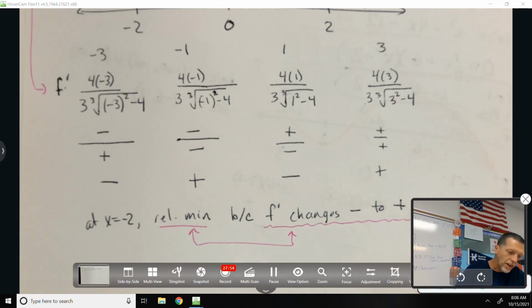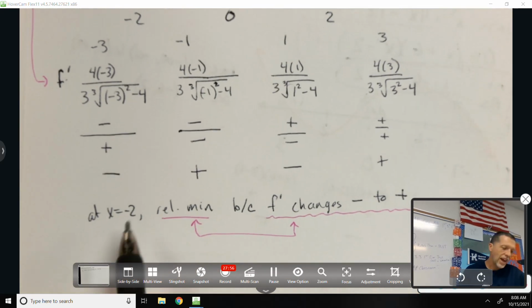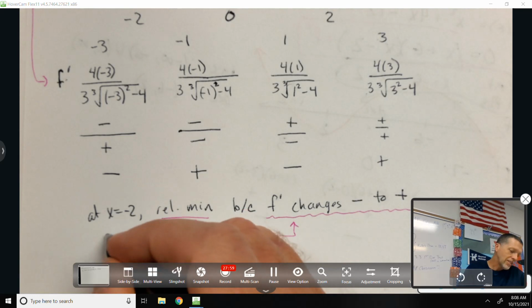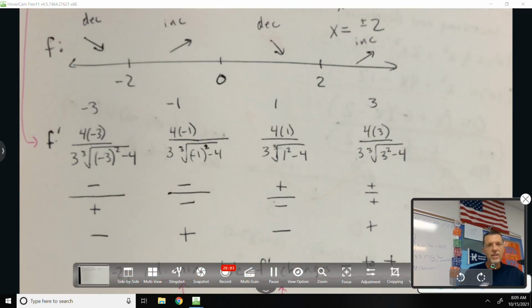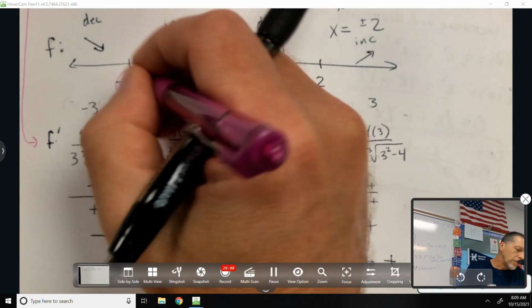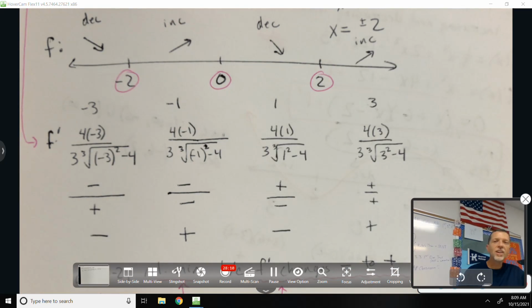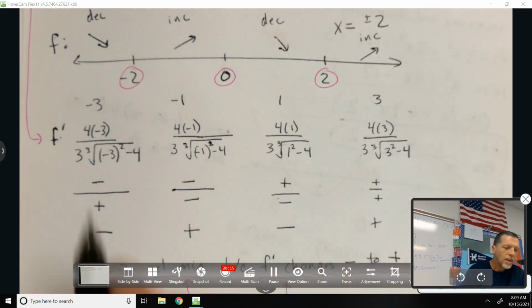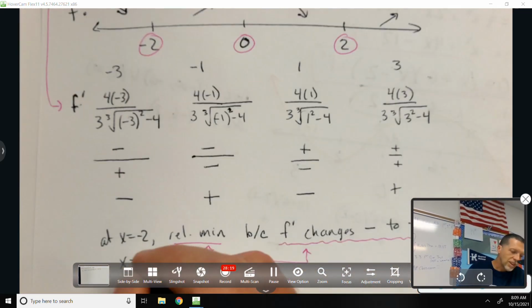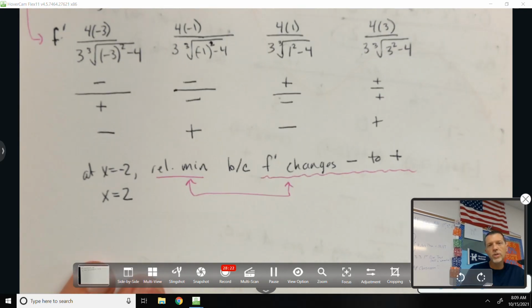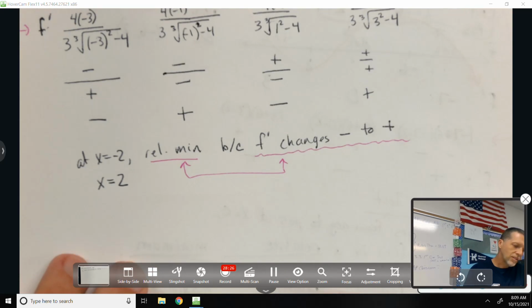That way we don't have to write all of this again. We can just say at x equals negative 2 and x equals any other relative mins? Careful, the only values are our critical points. So at x equals 2, it changes that same way, and there's a minimum. Again, the arrows I think are helpful because they're more helpful at visualizing. So at x equals 2 and negative 2, there's a relative min because f prime changes negative to positive.